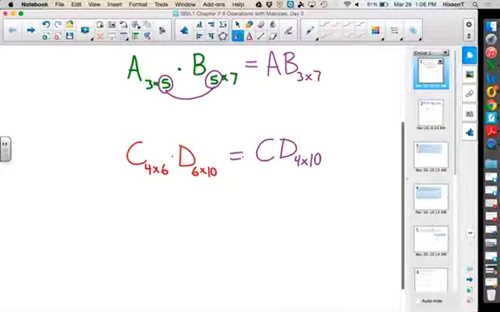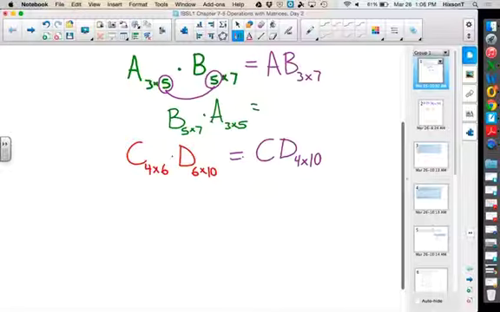Now, notice here, we're going to look at one thing that's not a property, that has been a property with other types of things. If I have B times A and I try to turn this around, what property am I trying to use here? The commutative. If I try to do that, can I even multiply those?